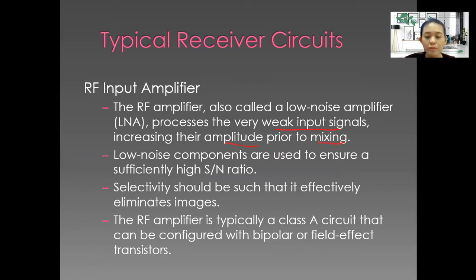These low noise components are used to ensure a sufficiently high SN ratio, signal to noise ratio.